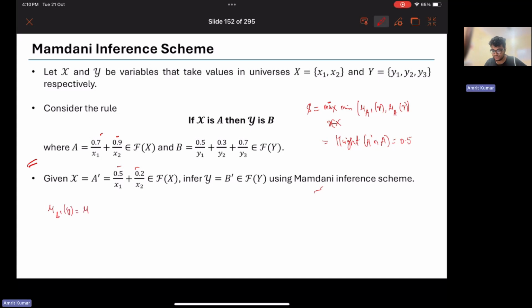And we have to use the Mamdani inference scheme, and therefore I will use minimum operation to perform the modification operation.